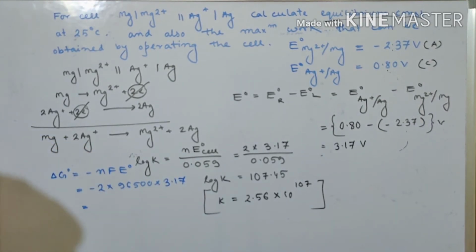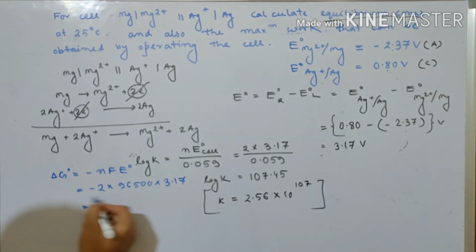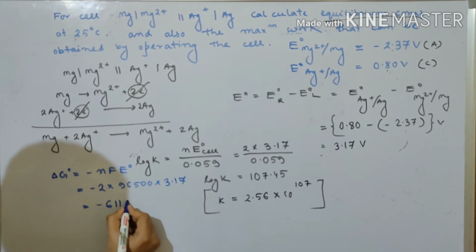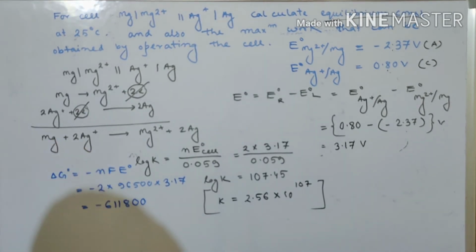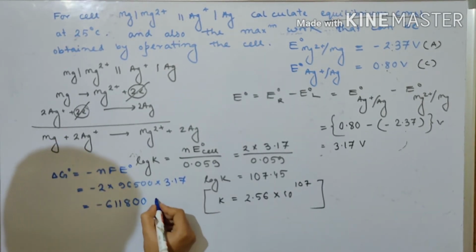Units I will be writing at the last. Again you calculate this easily separately. I have done all my calculations in order to keep the video comparatively shorter. So I am getting minus 611,800. You can cross check by yourself whether you are getting the same or not.